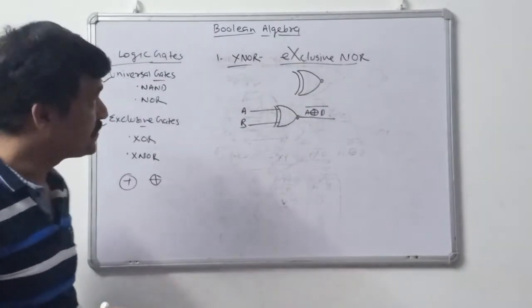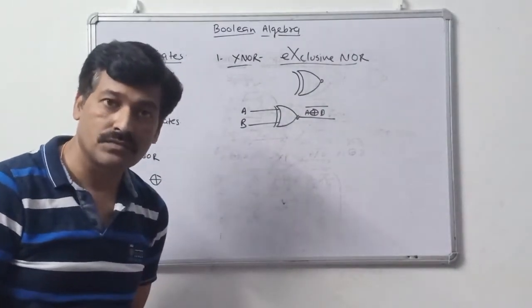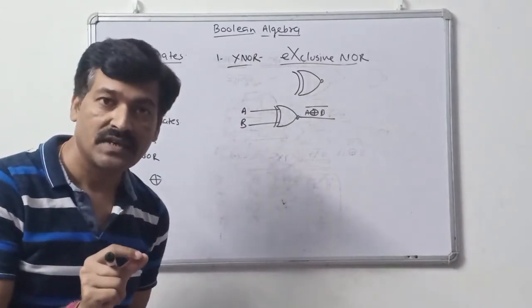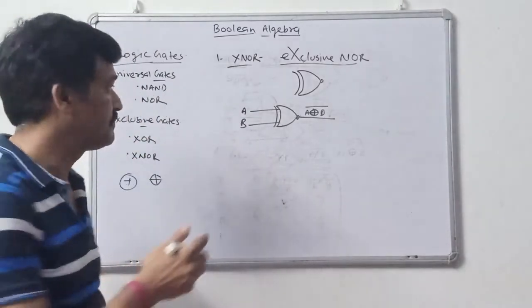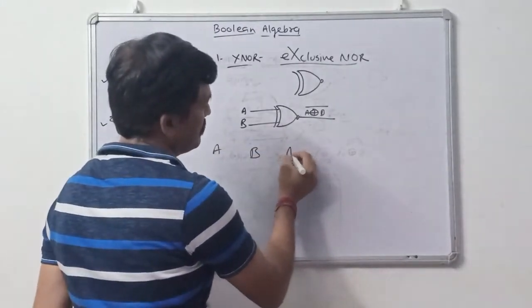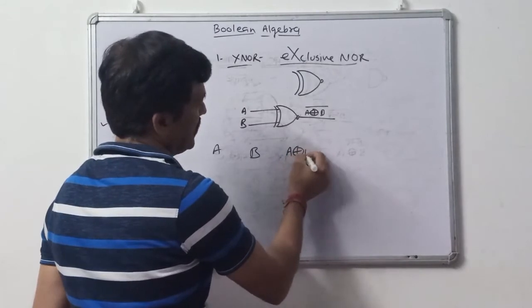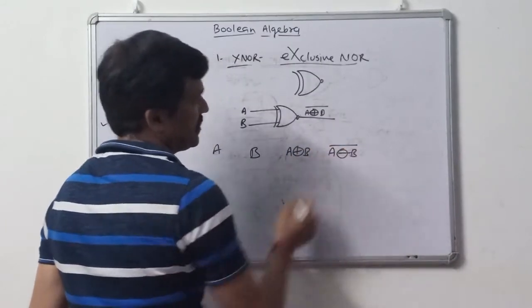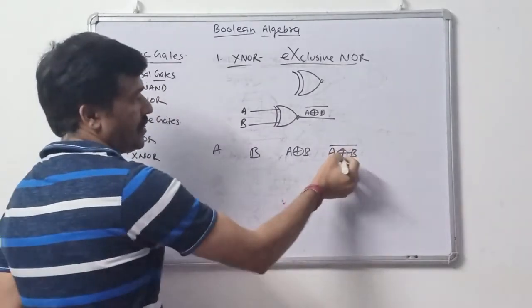The definition is: the XNOR gate returns true when the number of true inputs is even. A XOR B whole bar.